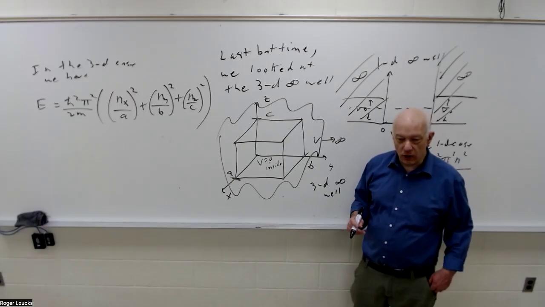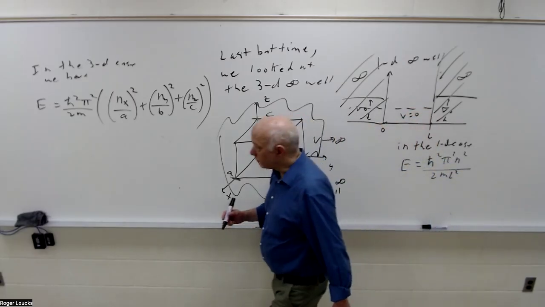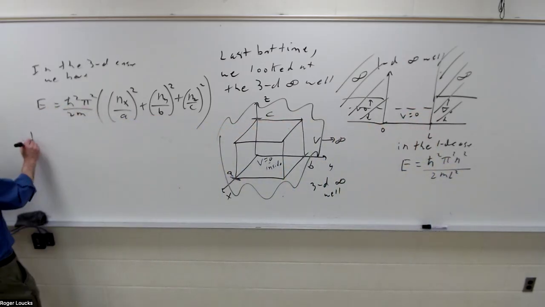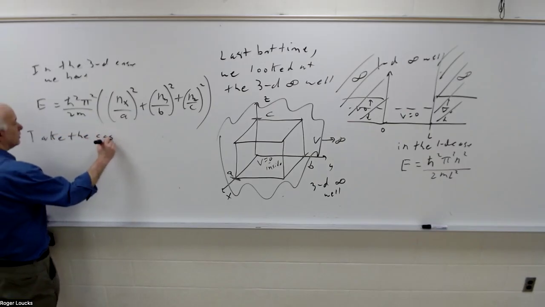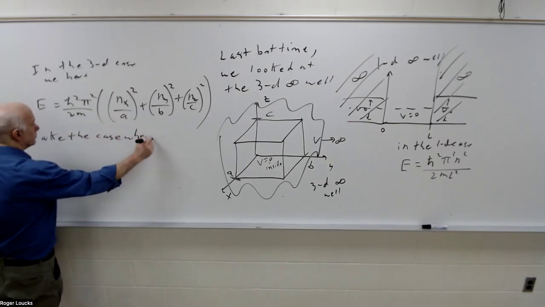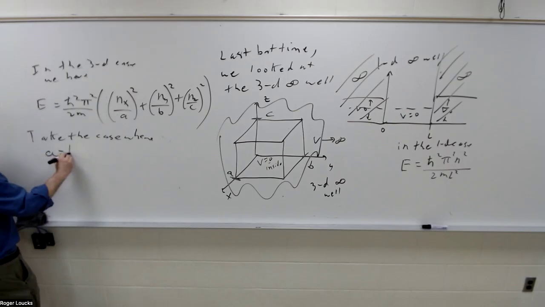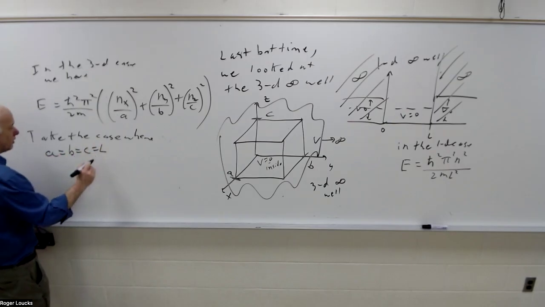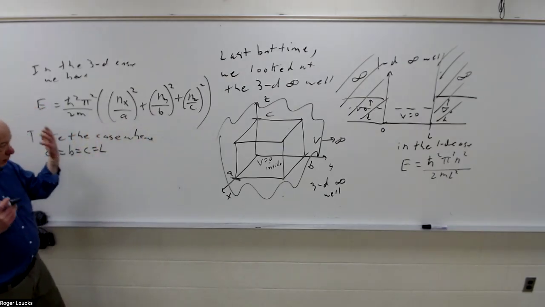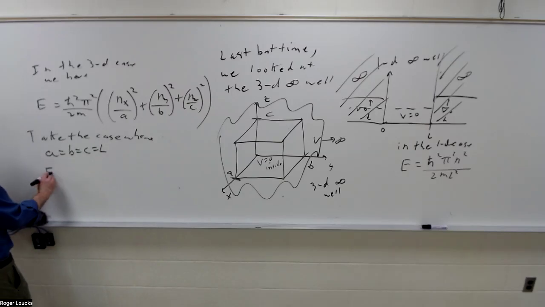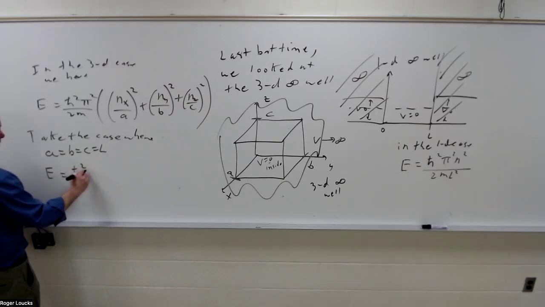We're going to make them equal and call them L. So I'm going to take the case where A equals B equals C equals L. If all the lengths are the same, I can pull them out and replace them with an L. So I get this, and we're going to get a brand new feature.